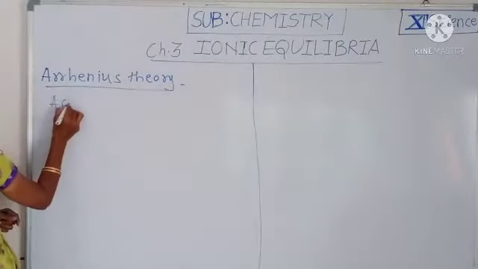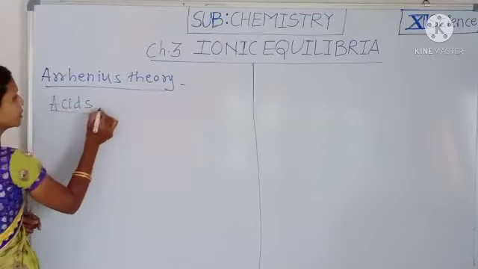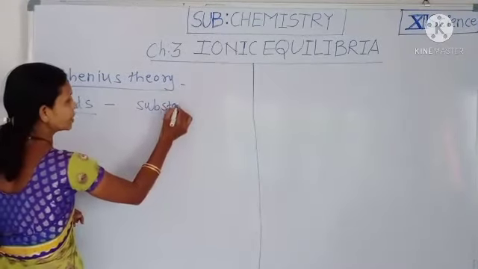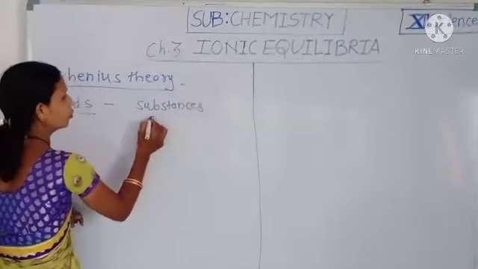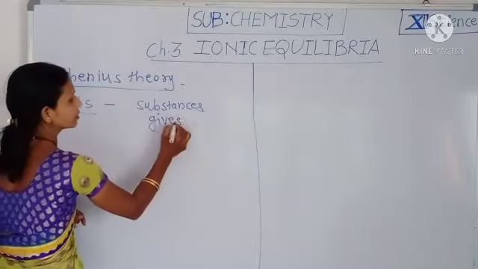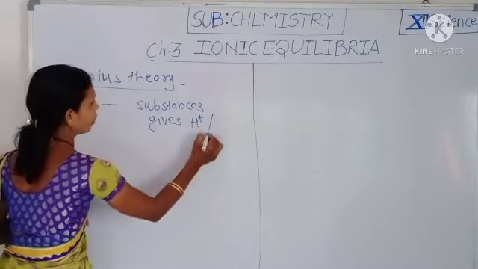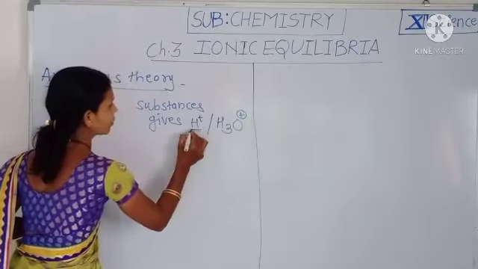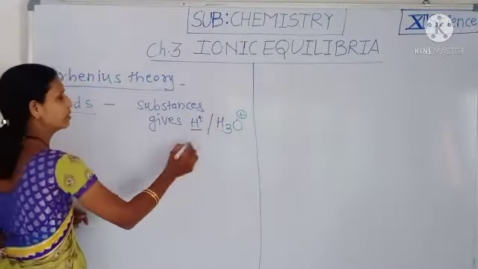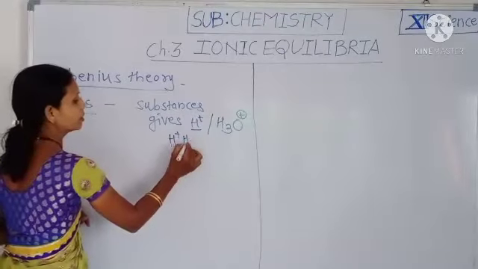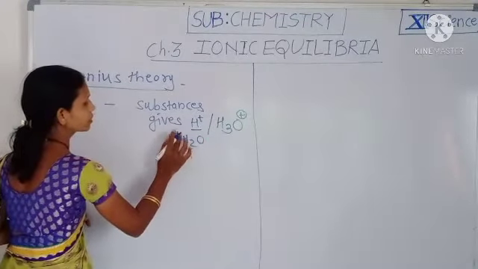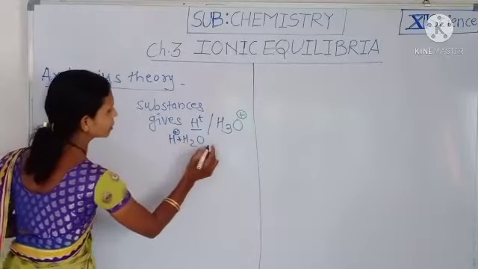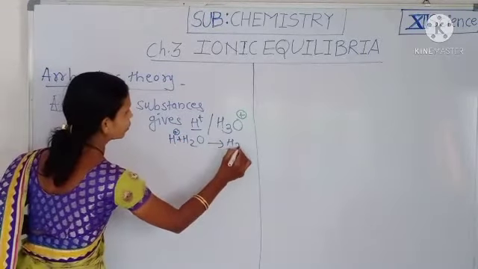acids are substances or species which give H plus ion or hydronium ion. H plus ion, when it combines with water, gives hydronium ion.